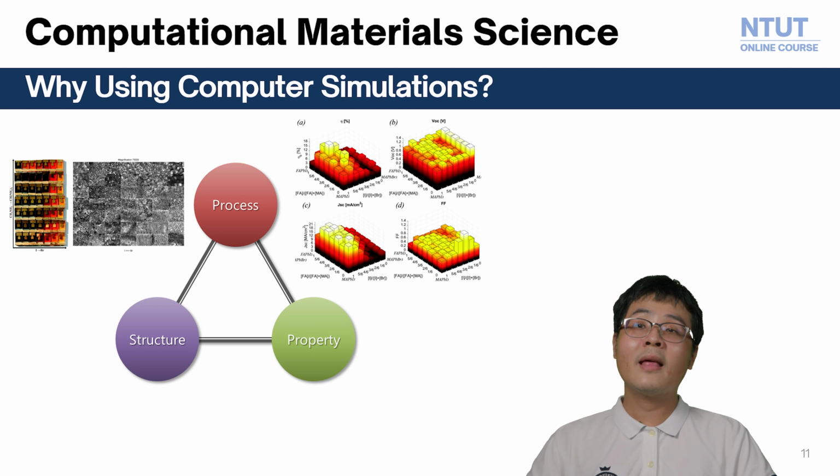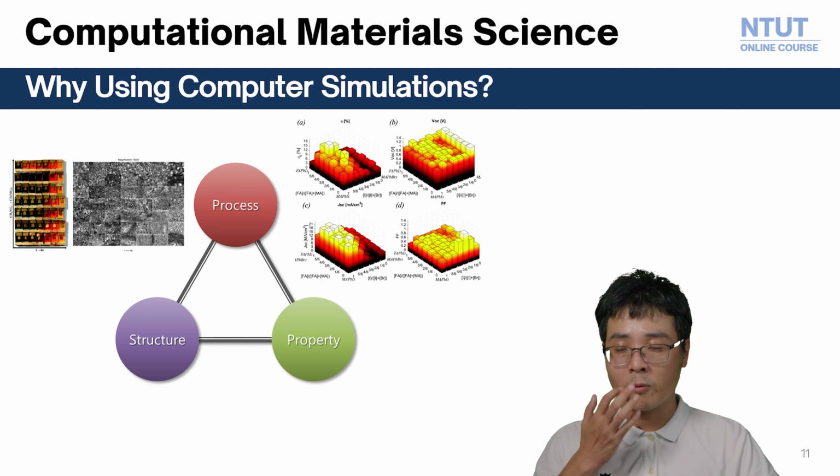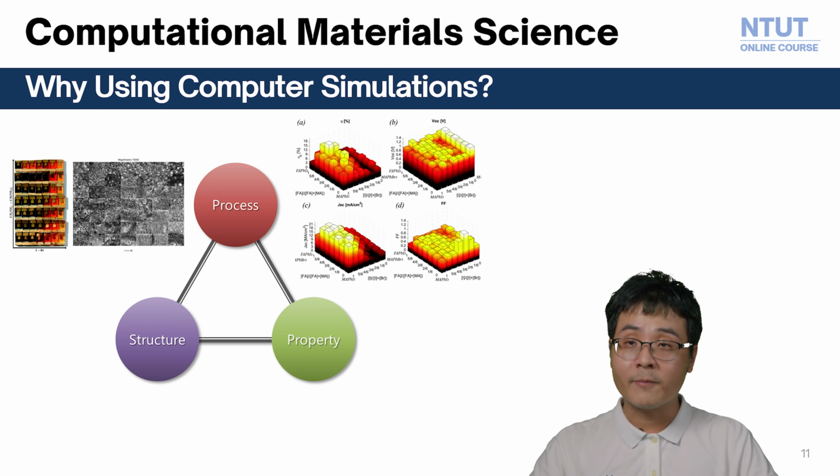And they have also shown the process property relationship. They show what kinds of composition would give you a good power conversion efficiency, a higher short circuit current, and a good fill factor.